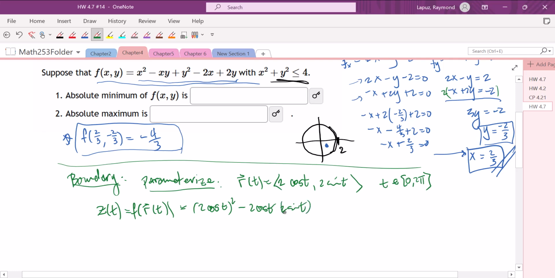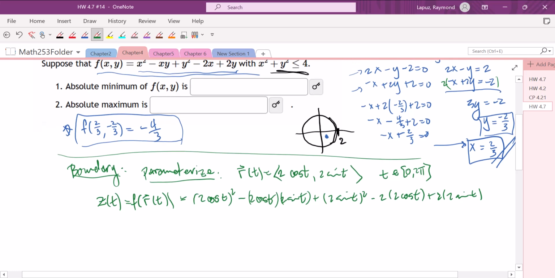So this is the x and the y. And then we have the y squared, 2 sine t quantity squared. And then minus 2 times x, which is 2 cosine t. And then we have a plus 2 times y, which is 2 sine t.